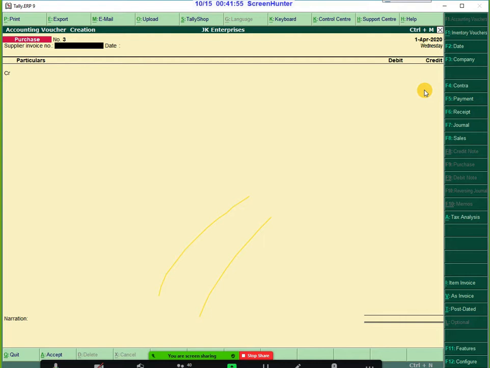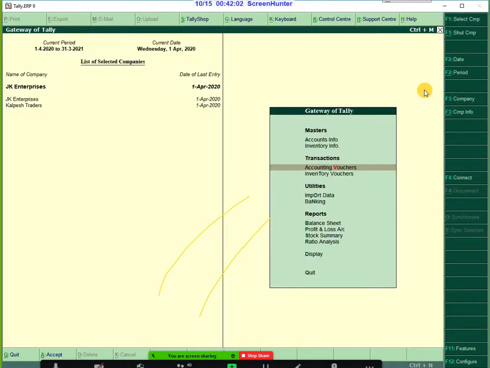Now next entry, Mr. X sold the goods for rupees 1,50,000 in the same state. So how can this be entered?